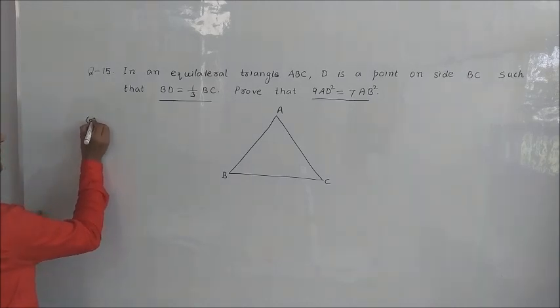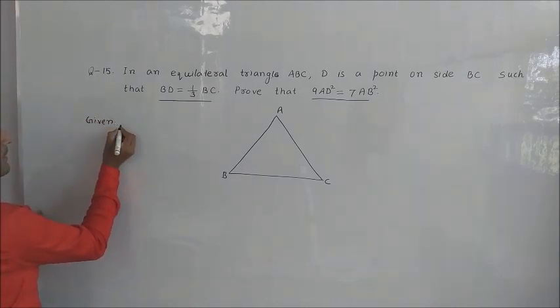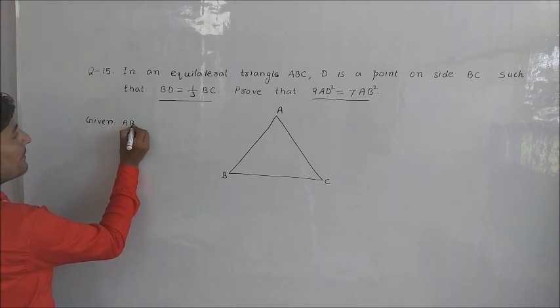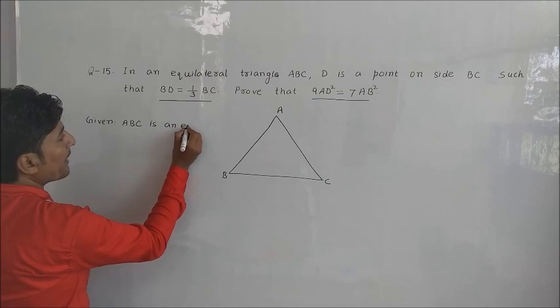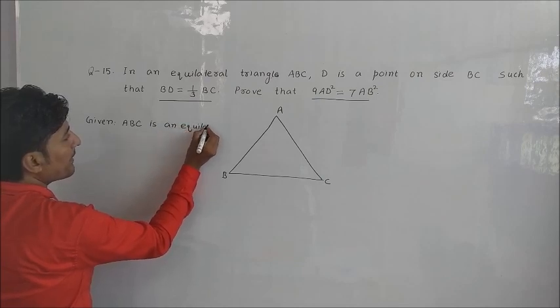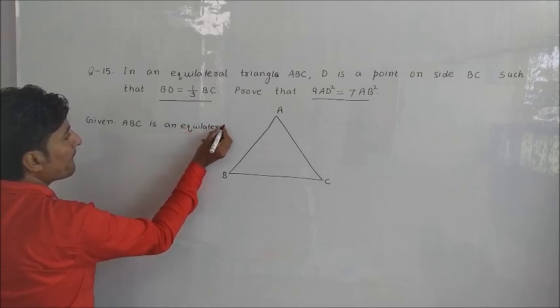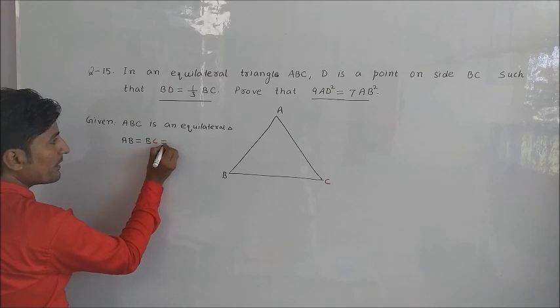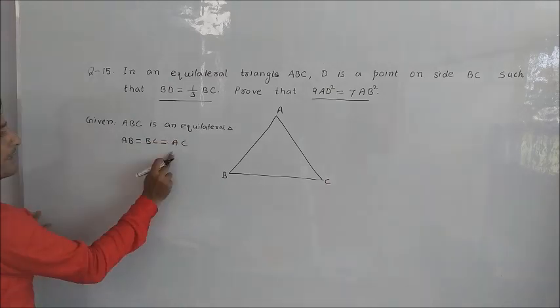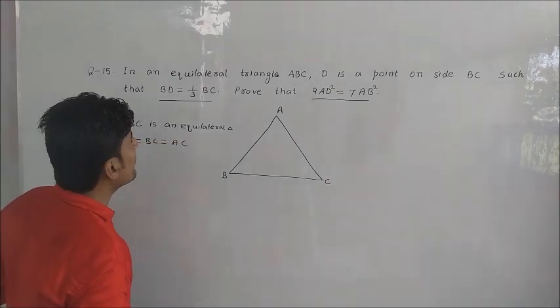In the given, ABC is an equilateral triangle. Hence AB is equal to BC is equal to AC. The measurement of all the three sides will be equal.